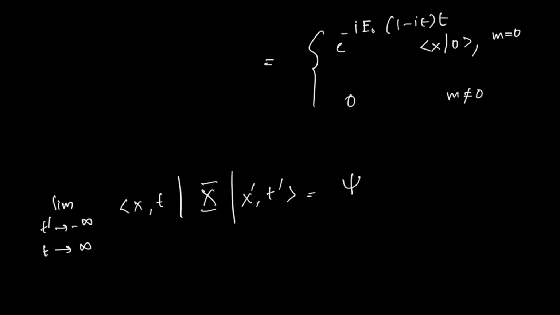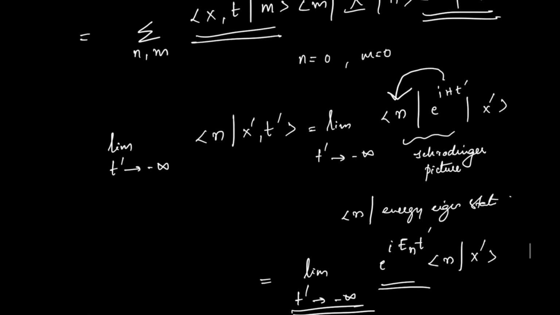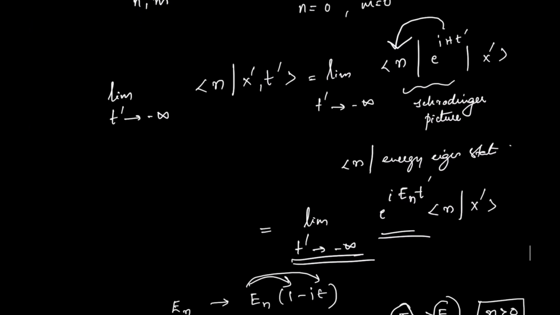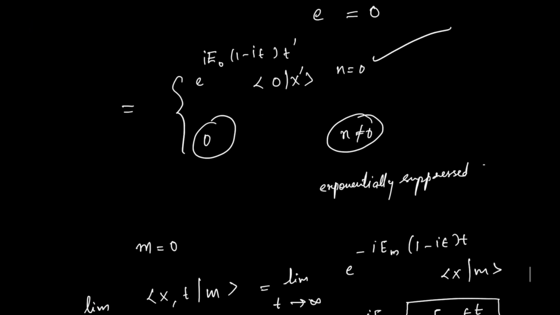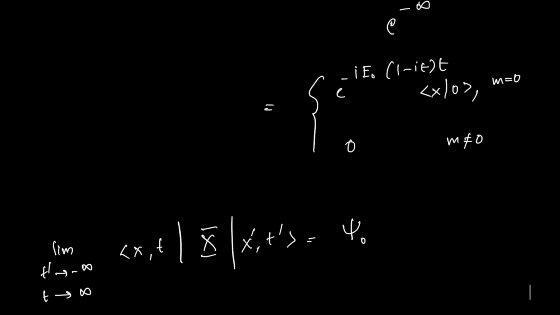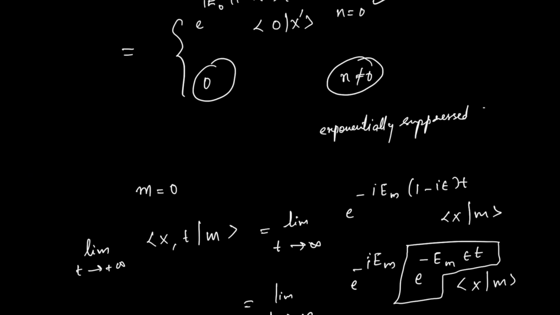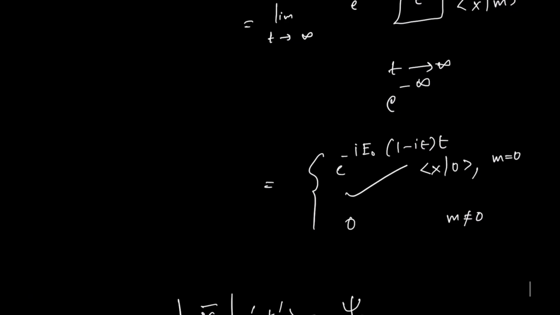What I have is only psi naught. See here, I can see what all things I have left. This one, right? This is there, and these two we have already found out just right now. So I have to use these two also, right? This one as well as this one I have to use.